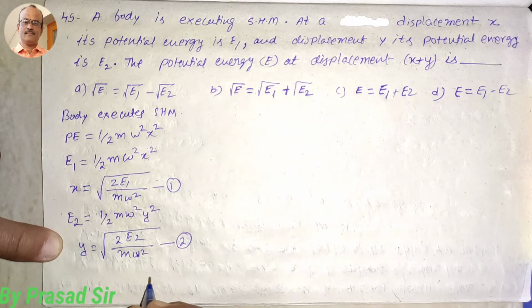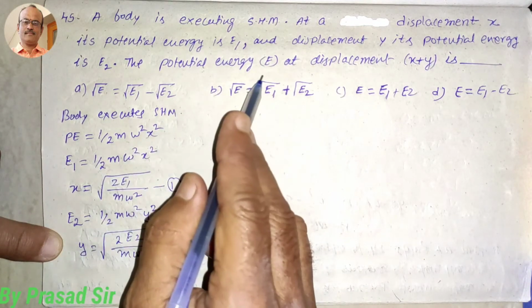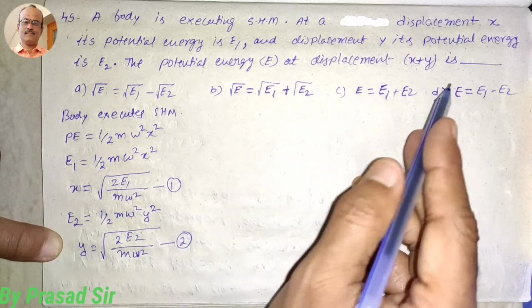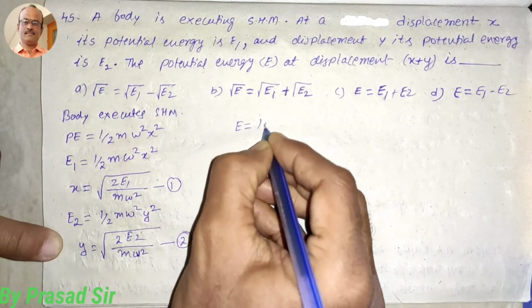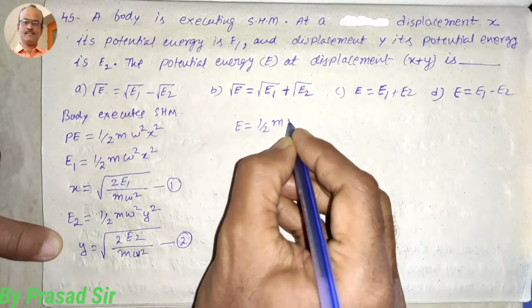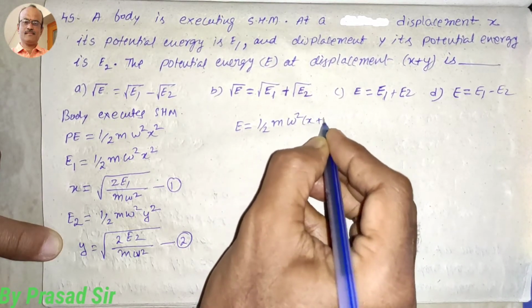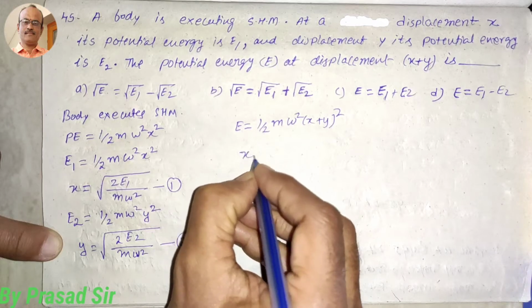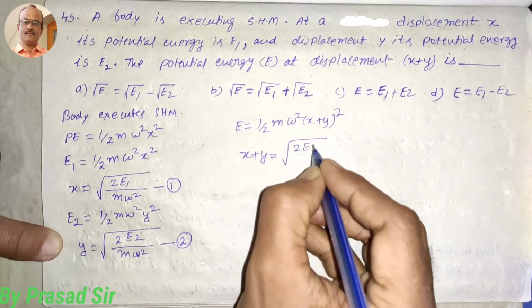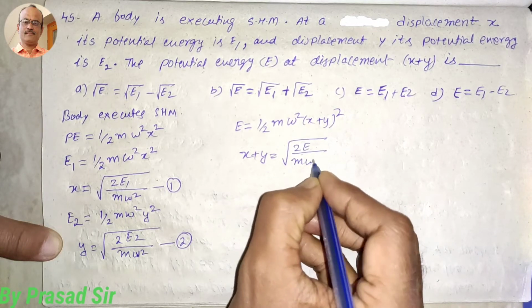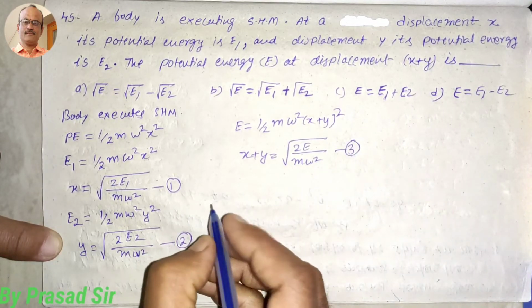Then what is the potential energy E at displacement x plus y? E is equal to half times m omega square times (x plus y) whole square. So x plus y is equal to square root of 2E divided by m omega square. This is number 3.